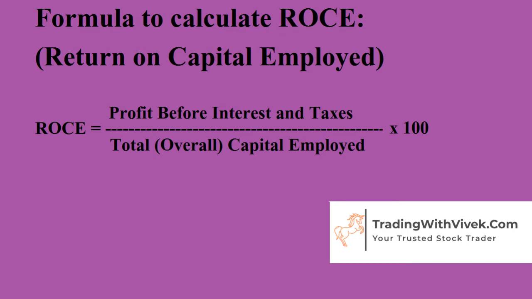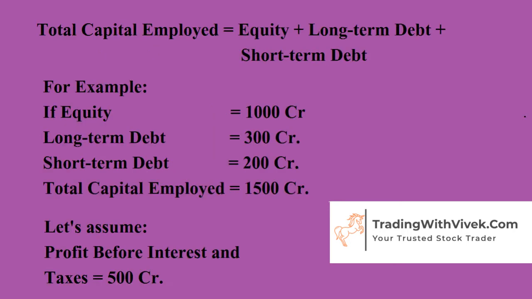Overall capital employed again is a term, and it is basically the sum of the overall funds we have in the company, that is equity plus long term debt and short term debt.